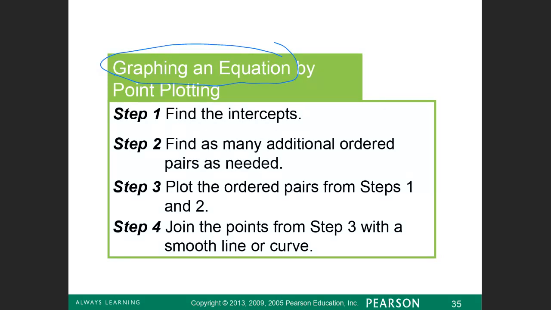Okay. So step one, find the intercepts. The intercepts actually can be found by setting the other variable equal to 0. So intercepts, it's the intersection between the x-axis and the line itself, right? Again, the intersection between the x or the y-axis and the line.